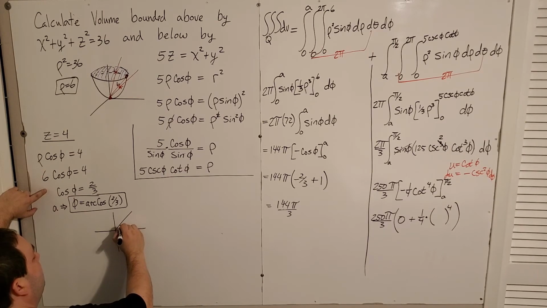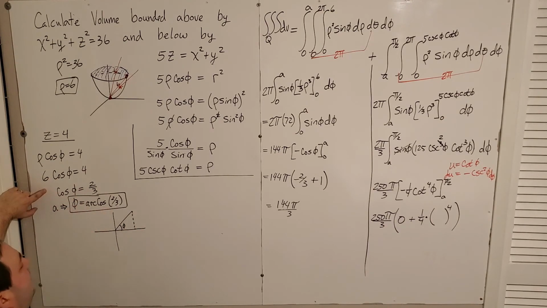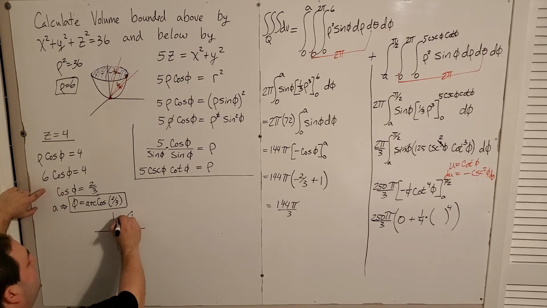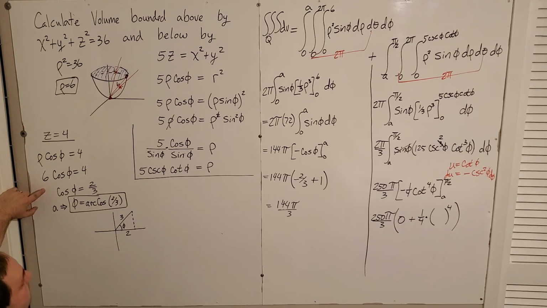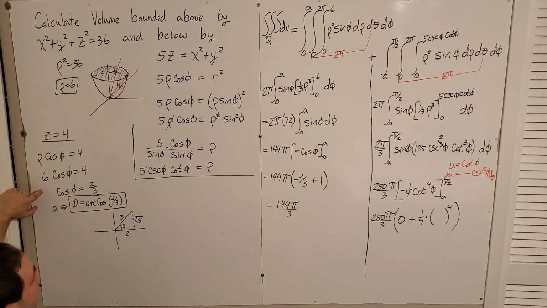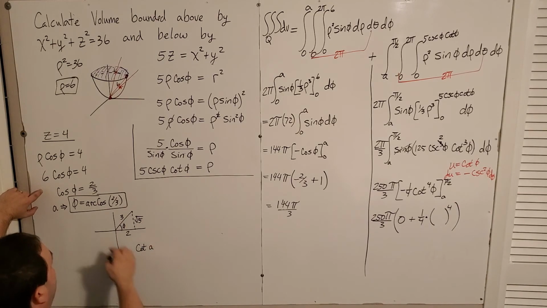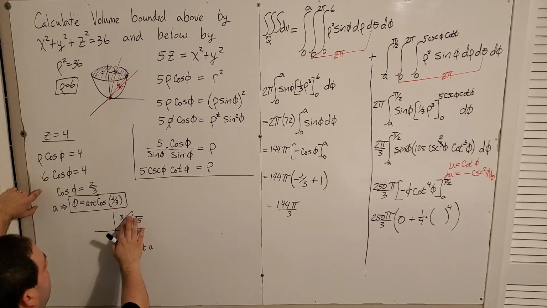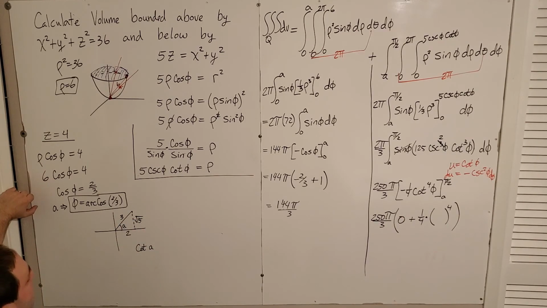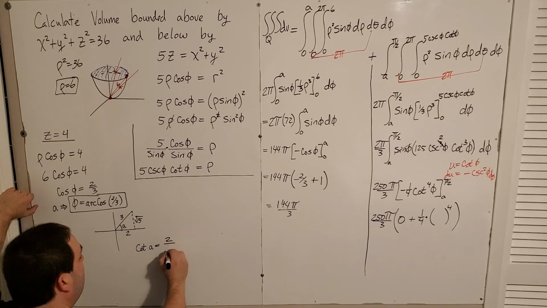So if we have something such that phi is having a cosine of 2/3, that means this side must have been 2 in the triangle, this side must have been 3, and my hypotenuse over here would be the square root of 9 minus 4, 5, right? And therefore my cotangent of A, which happens to be whatever this value is, right? And this shouldn't be phi, this should be A right here. A is whatever that value is, that angle. The cotangent of A is just adjacent over opposite, 2 over square root of 5.